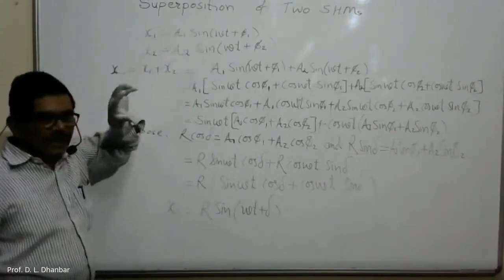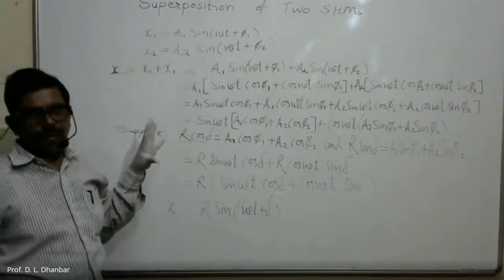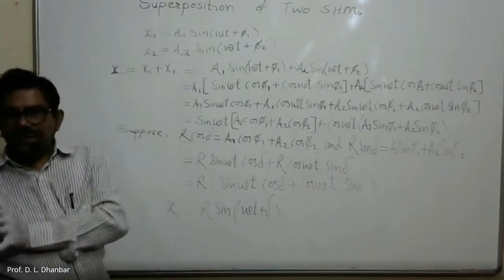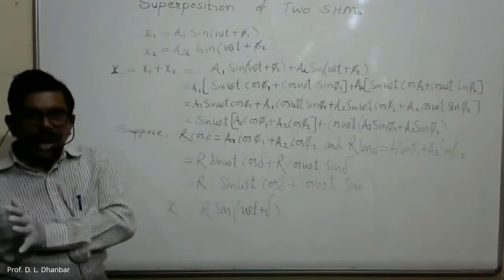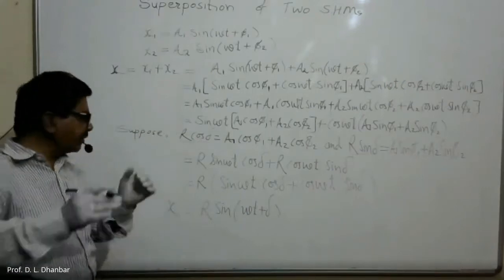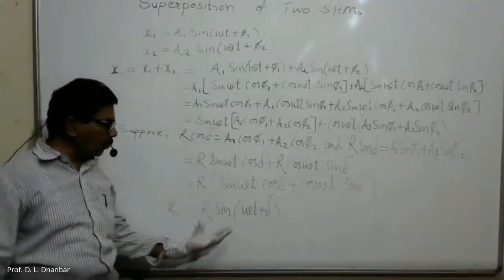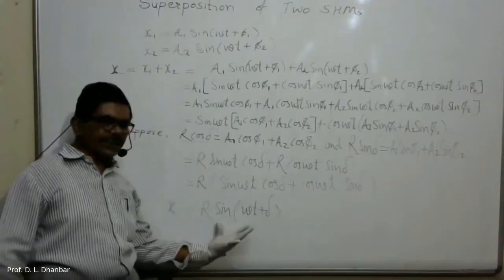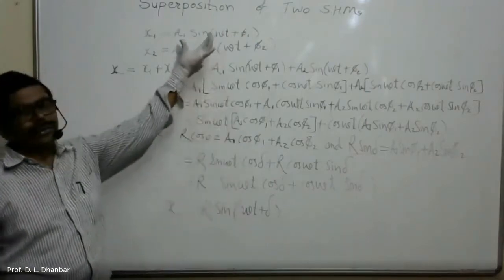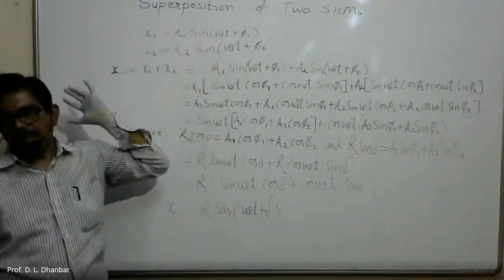Means when we take the combination of two simple harmonic motions, we get one resultant motion, and this resultant motion is again a simple harmonic motion, because its equation is same as that of the equation of linear simple harmonic motion.